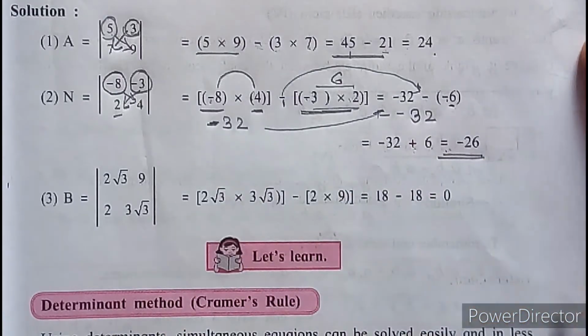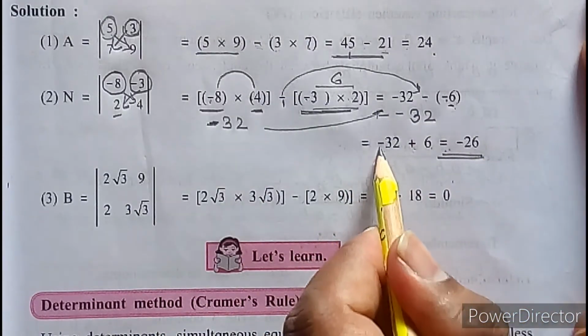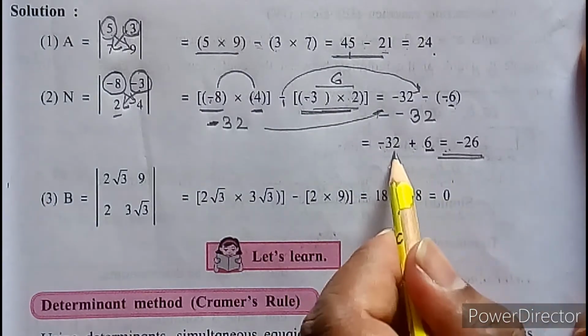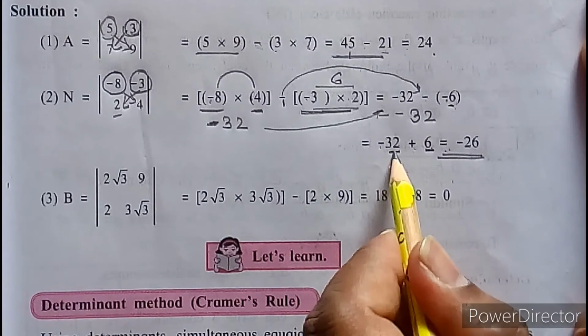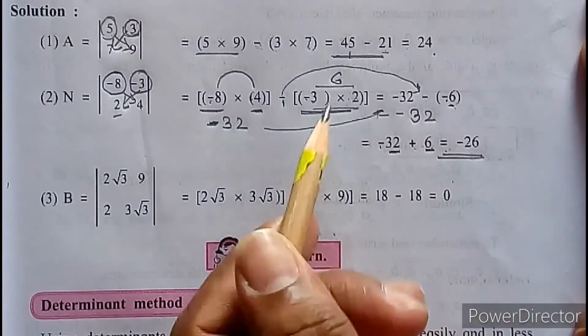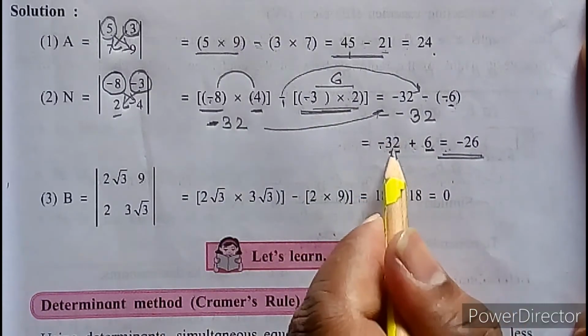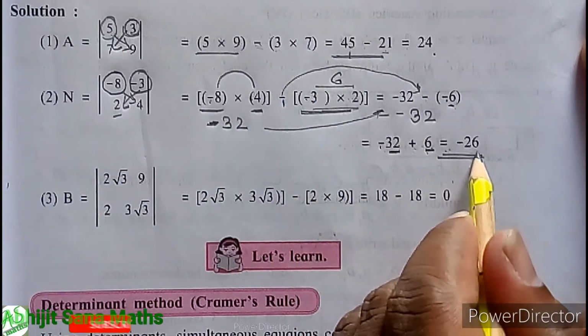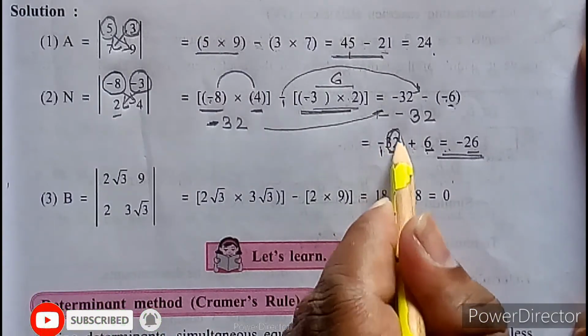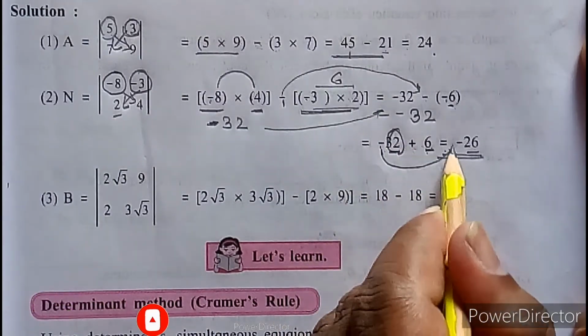How does it come? Minus plus is minus, so we have to subtract 6 from 32. 32 minus 6 is 26, but it has a minus sign because of the larger number, that's why the answer comes in minus.